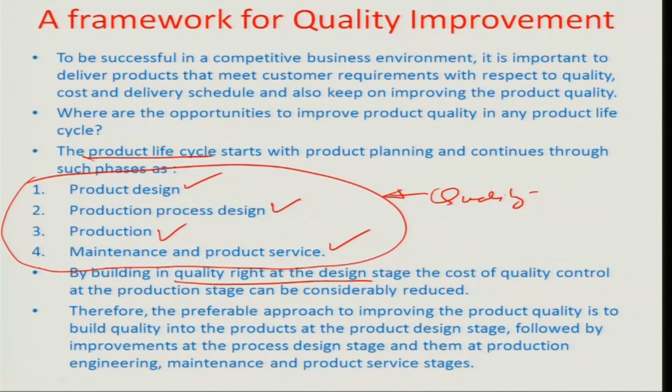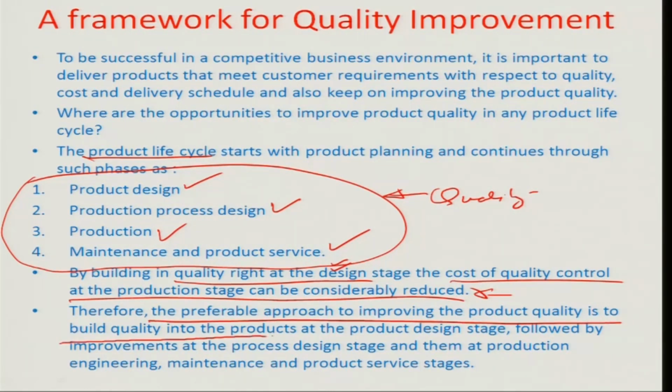at the design stage. Okay, so the cost of quality control at the production stage can be considerably reduced because of quality by design, and also the preferable approach to improving the product quality is to build quality into the products at the product design stage, so that again the overall cost of maintaining the product compliance is reduced.